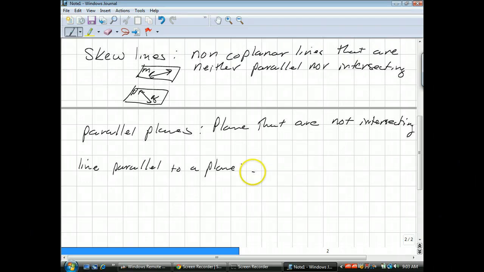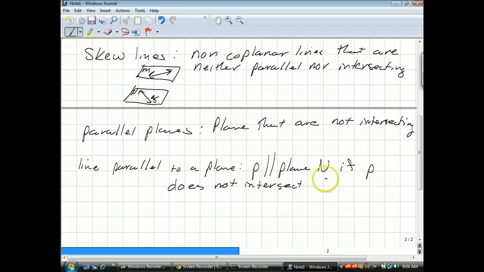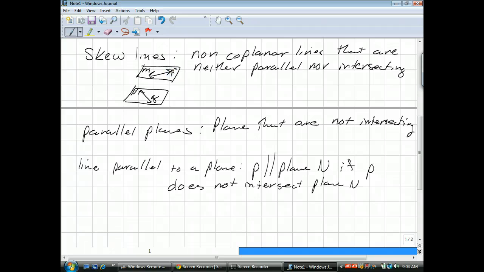Line P is parallel to plane N if P does not intersect plane N. So up above here, if this is my line P, then line P is parallel to plane N because the planes are parallel, and so they're never going to intersect.